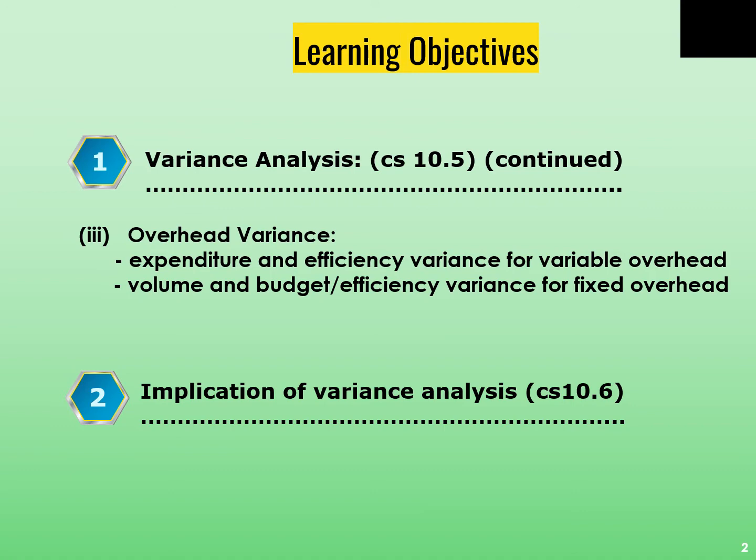Under Overhead Variance, we are looking at expenditure and efficiency variance for variable overhead, volume and budget efficiency variance for fixed overhead. Number 2, implication of variance analysis 10.6.